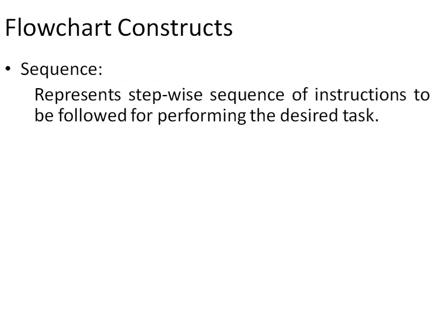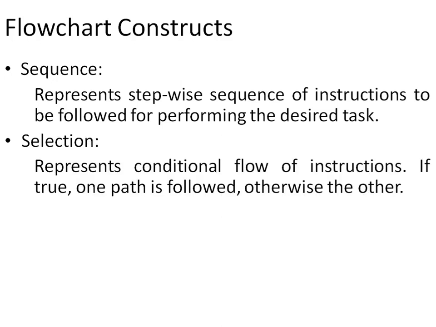There are three programming constructs. They are sequential, selection, and iteration. Sequential signifies no branching. One has to follow these steps one after another in order to get the task done. Next is selection, usually shown with the help of a diamond, which we have just discussed.